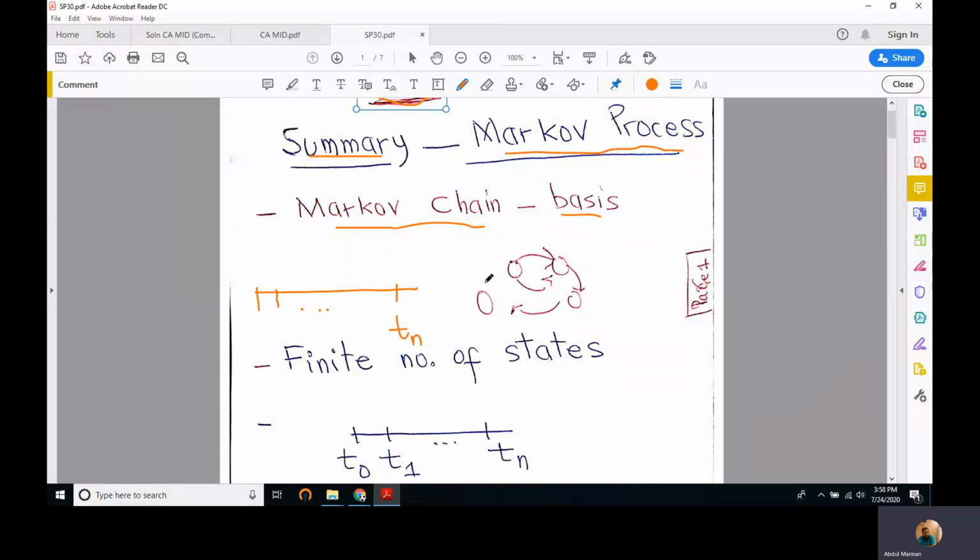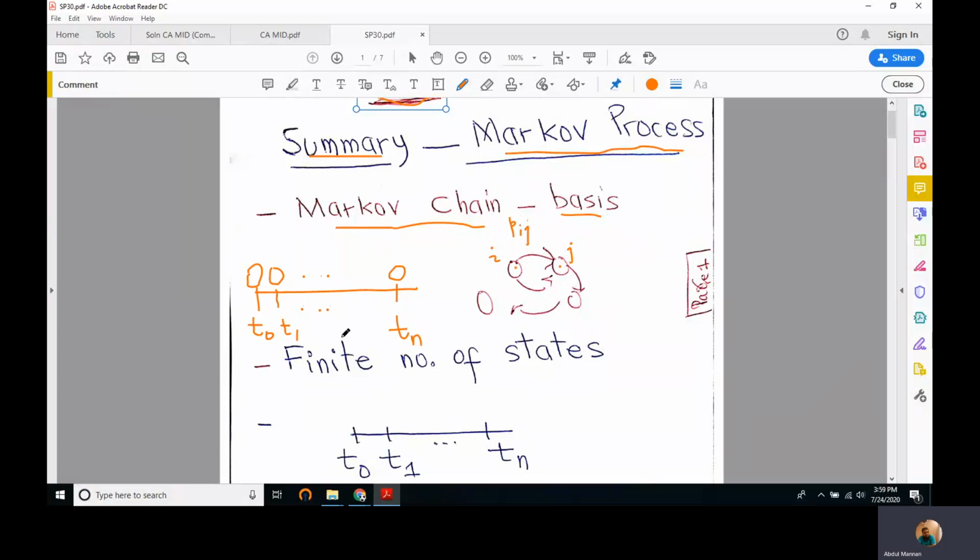And the transition probabilities from going from state i to state j, for example, are represented as small p sub ij. According to these transition probabilities, the process takes on any state i as the process goes on for different times. And we also studied that these time intervals are discrete time.